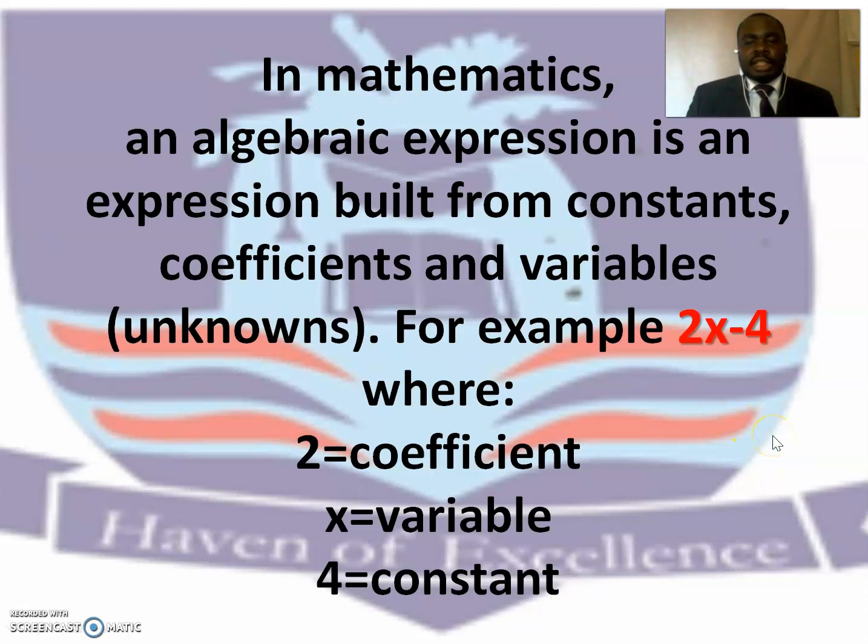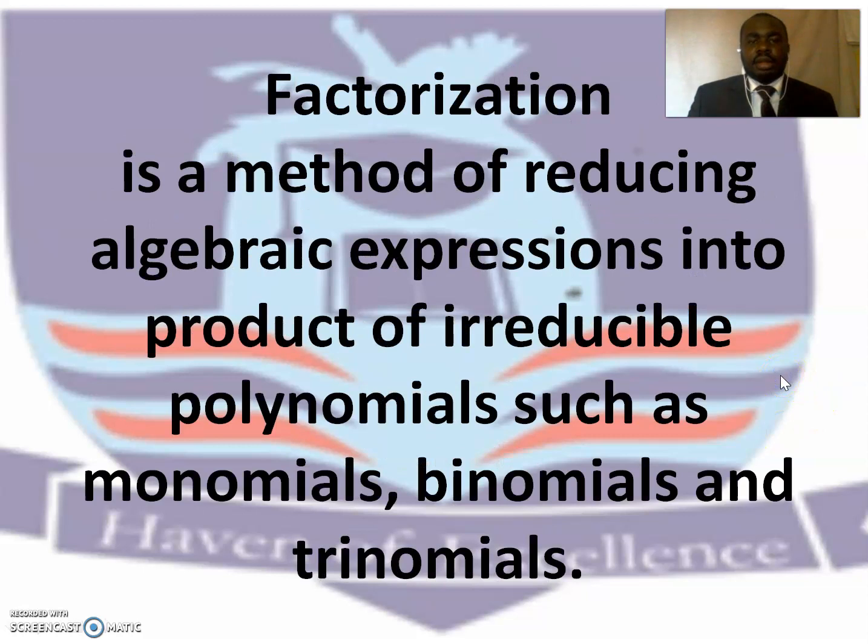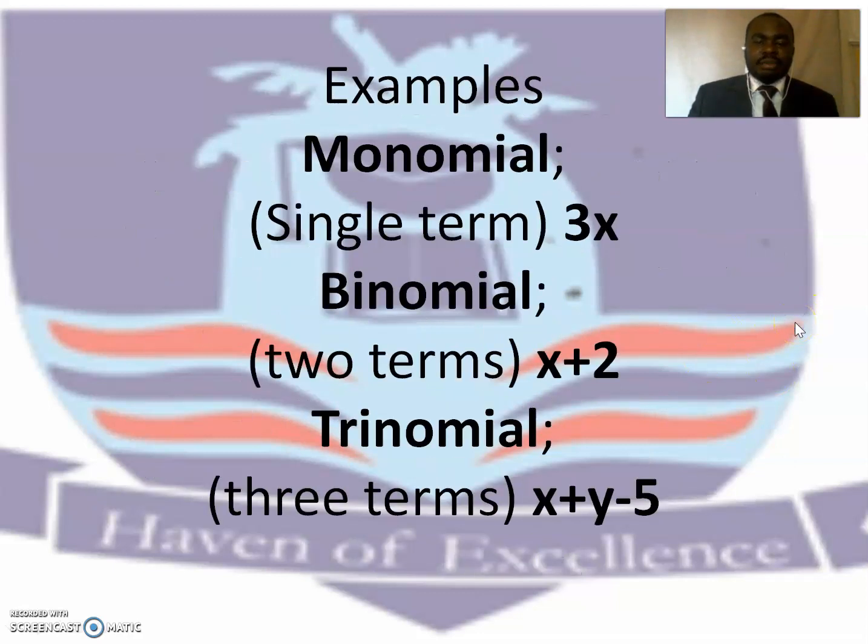So now that we understand what algebraic expressions mean, what is factorization? Factorization is the method of reducing algebraic expressions into products of irreducible polynomials, such as monomials, binomials, and trinomials, and so on. A monomial is simply an algebraic expression with a single term.